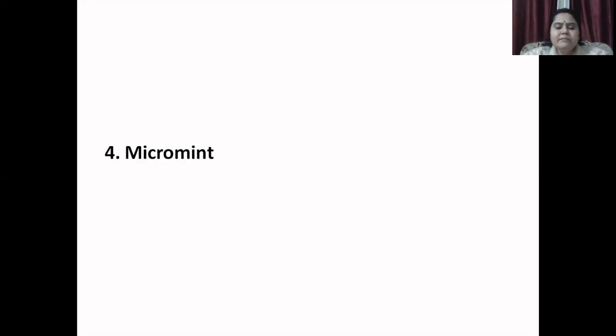Next, fourth is Micromint. The Micromint is a payment mechanism for making small purchases over the internet. The main goal is to minimize the number of public key operations required per payment. To support micropayments, exceptional efficiency is required.